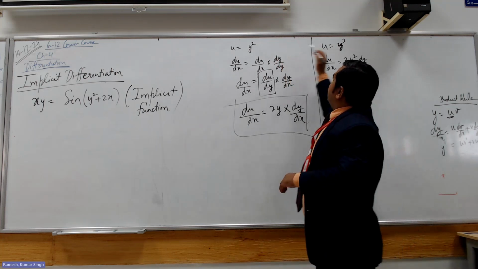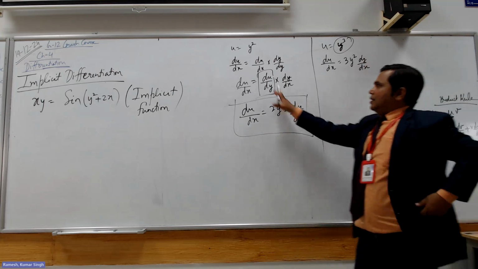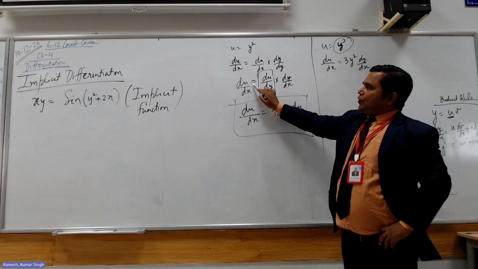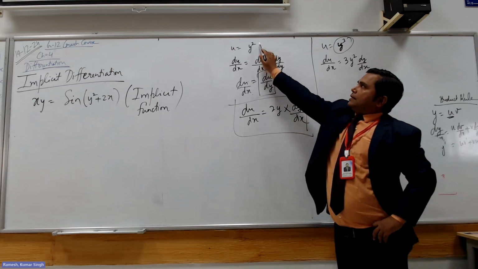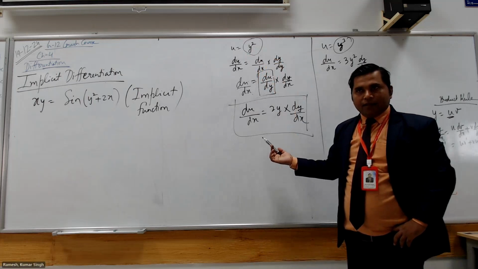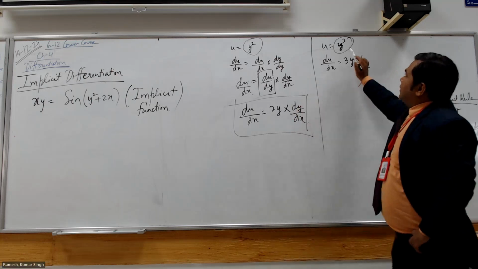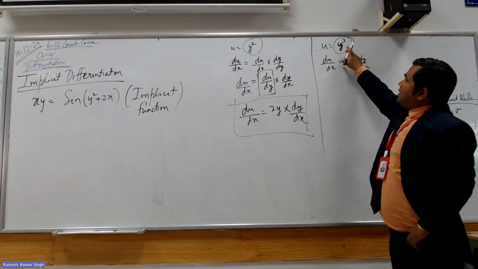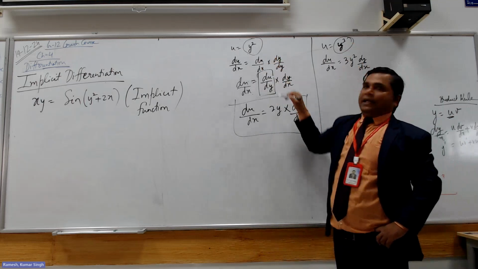Just differentiate this and write dy over dx. This is the method. We got du over dx equal to du over dy times dy over dx. du over dy is the differentiation of y squared, which is 2y. Any problem? See, it's easy to differentiate in terms of y, right? du over dy is going to be 2y.